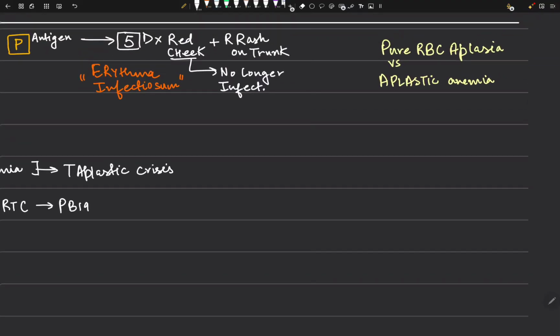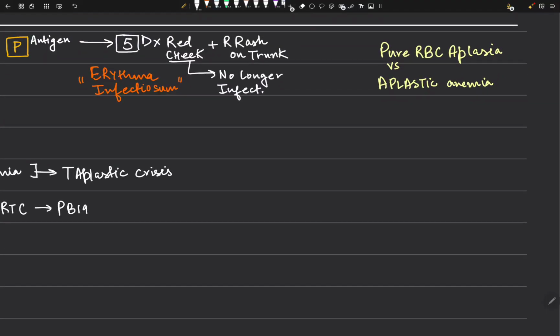Okay, so Parvo B19 classically causes pure RBC aplasia, okay? Not the aplastic, not the whole marrow shutting down, just the RBC line is getting affected.